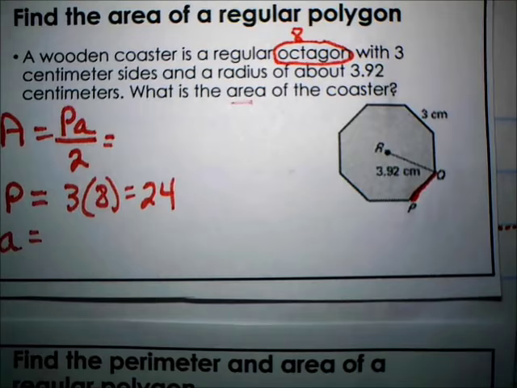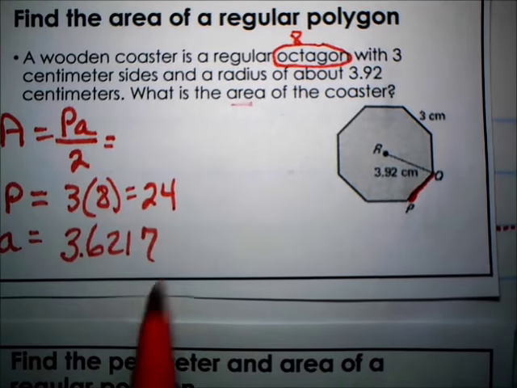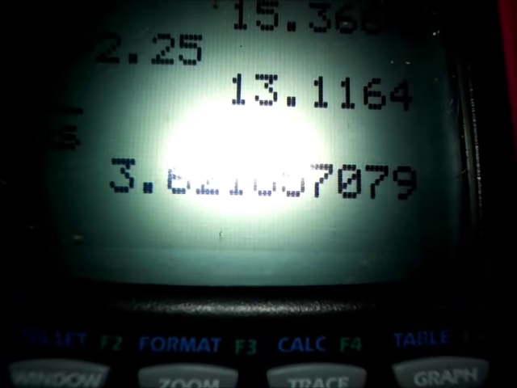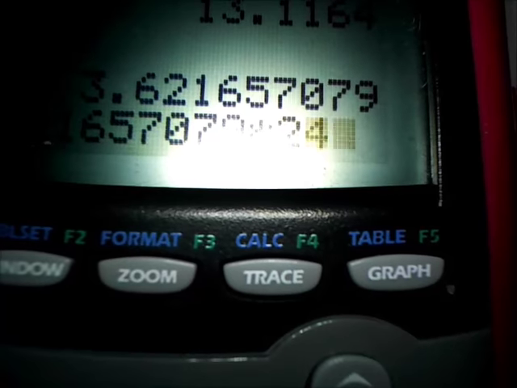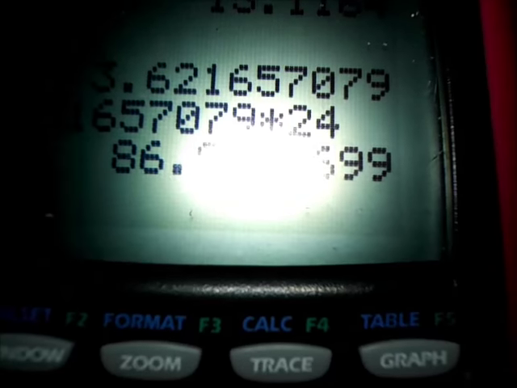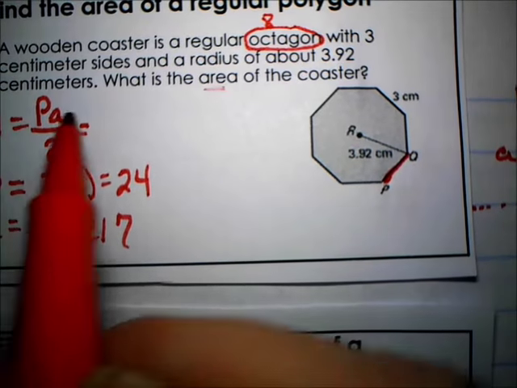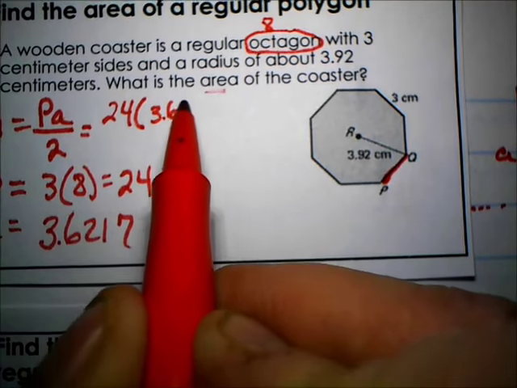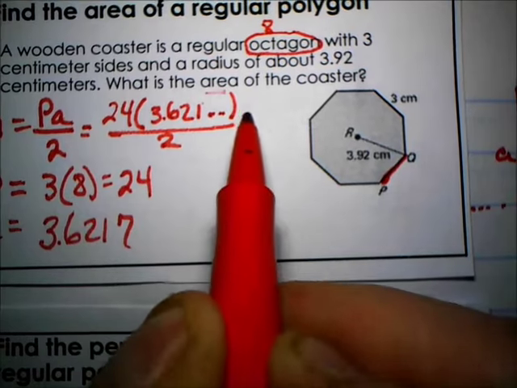I'm going to take this back to my problem over here, and I'm going to put 3.6217, but realize I'm going to use everything in my calculator. So if I show you my calculator screen, I'm going to take that value, multiply it times 24, and come out with 86.9197699. It's because I'm filling in my perimeter. And then I'm going to divide it by 2.